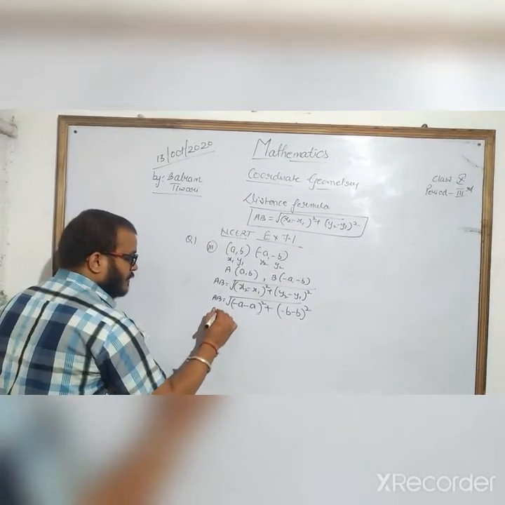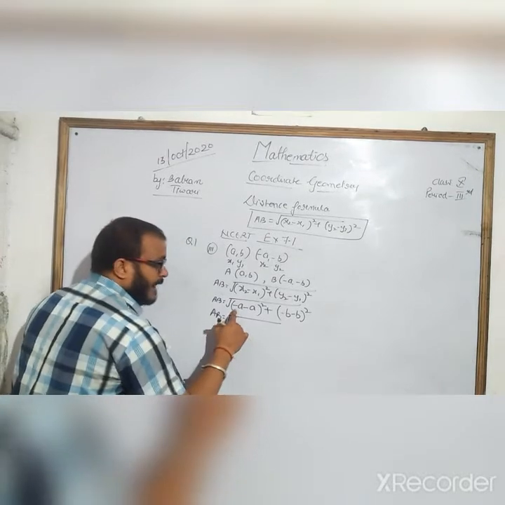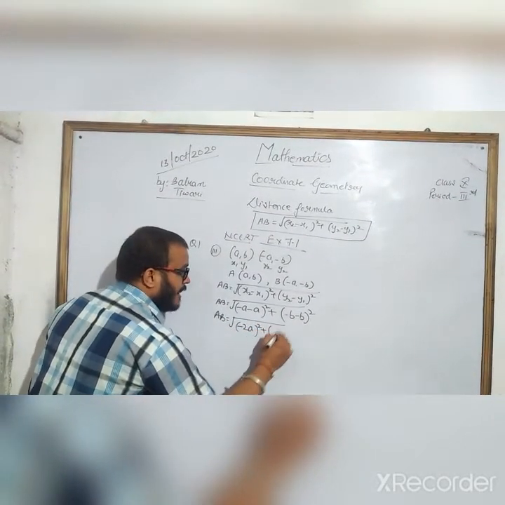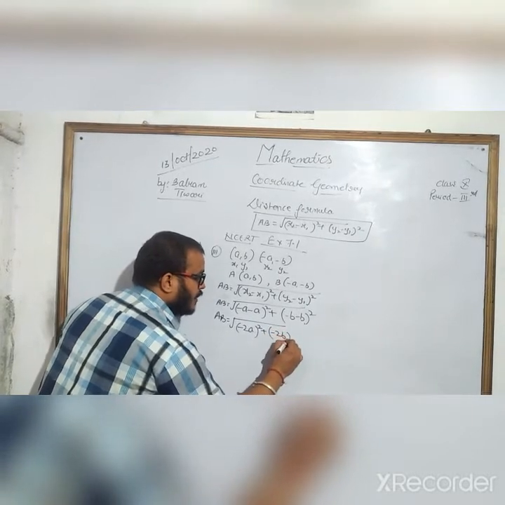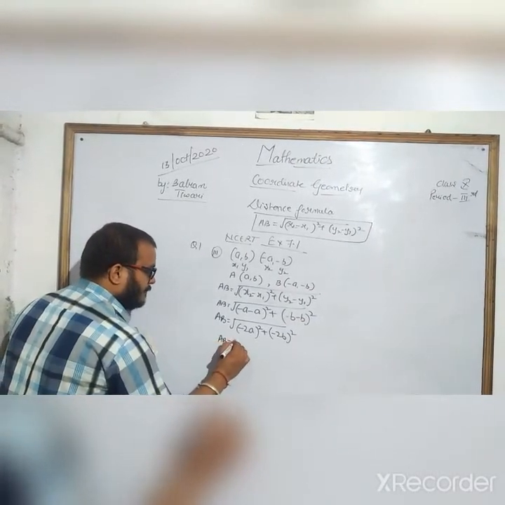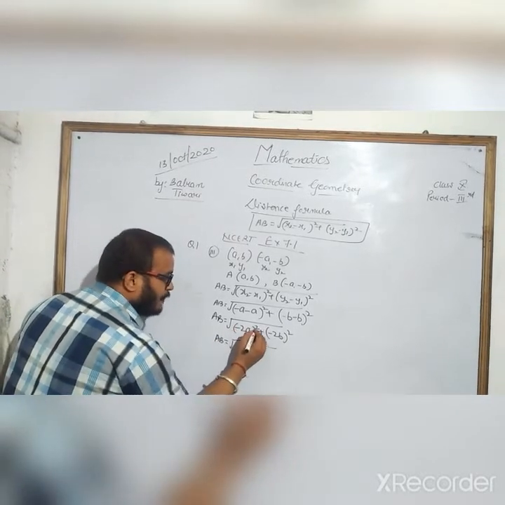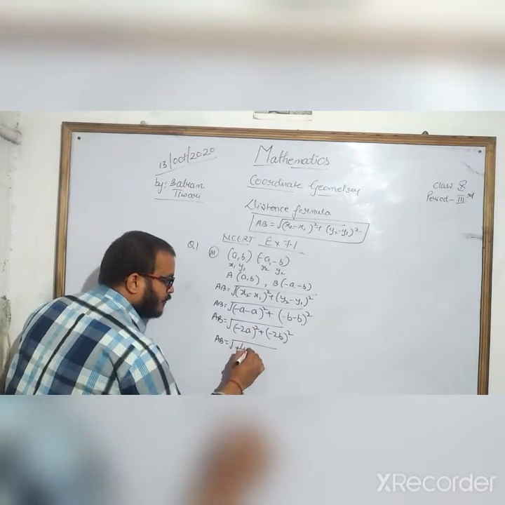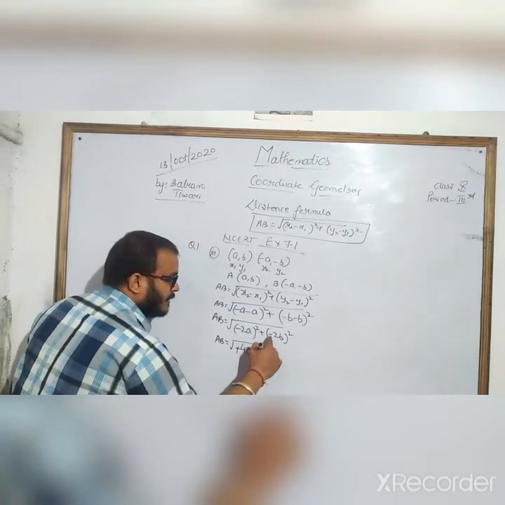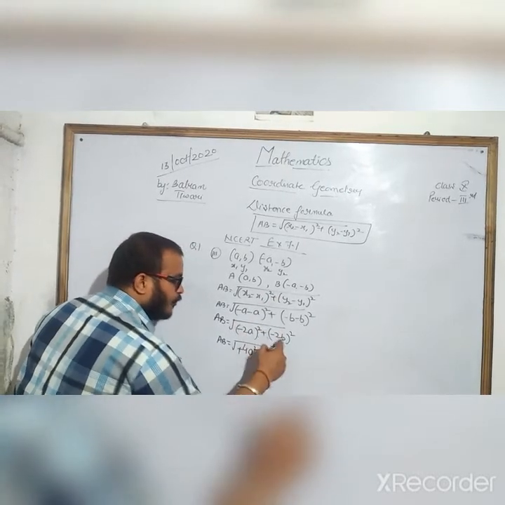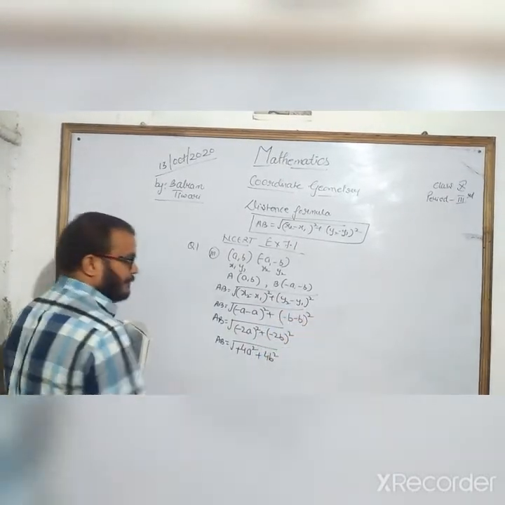Minus minus becomes plus, so the terms become minus 2a and minus 2b. So AB becomes the square root of (minus 2a) square, that is 4a square, plus (minus 2b) square, that is 4b square.